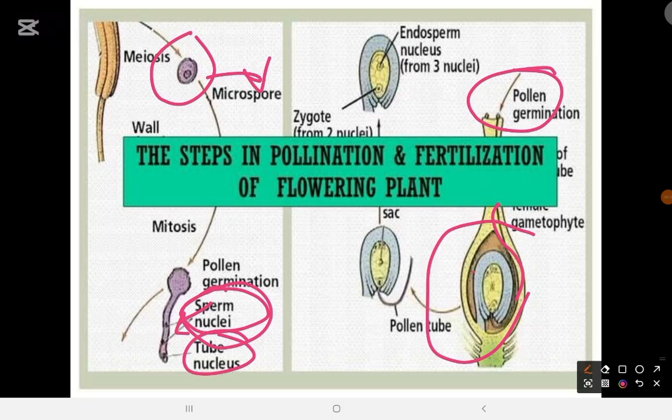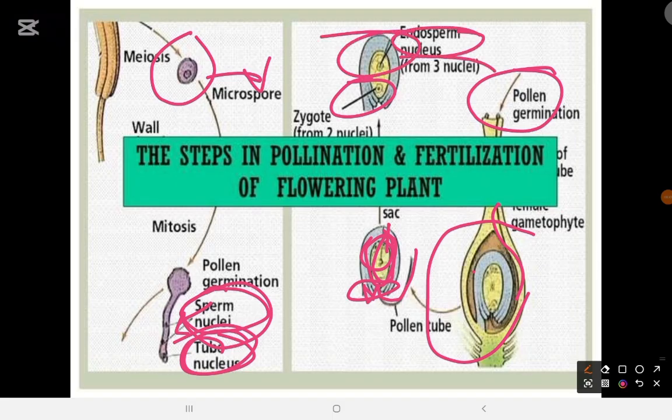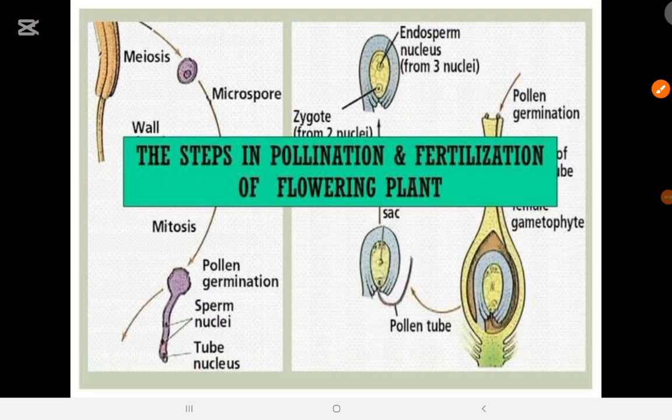The pollen tube enters here. I said this portion is called the micropyle. This place here is called the embryo sac. Once it enters, the tube nucleus disintegrates, and of course there is fertilization. The first sperm cell fuses with the egg cell, and the second fuses with the two polar nuclei to form the endosperm nucleus, which is triploid, and the zygote, which is diploid.